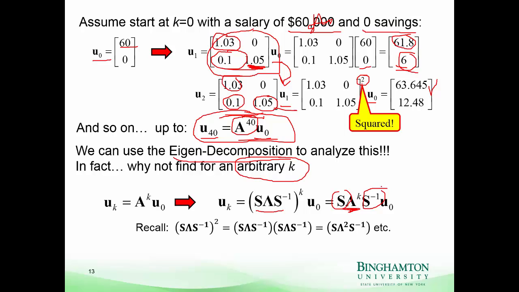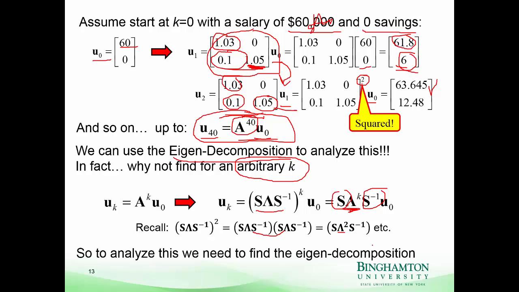Just recall what we did for the squared case, and you can see how it works. Notice that the S inverse and the S inside end up annihilating each other, and you get a lambda next to a lambda, so you get lambda squared. So that's why that works.